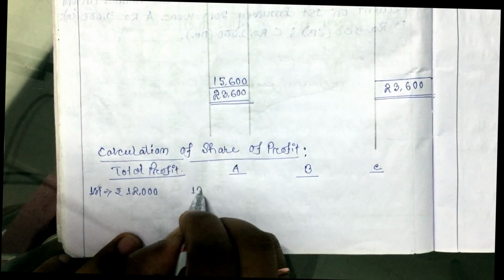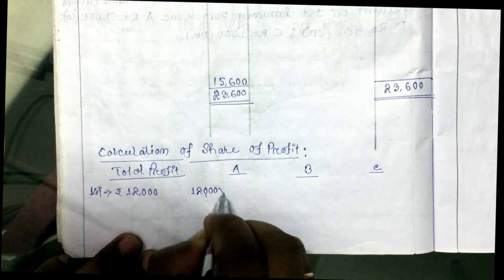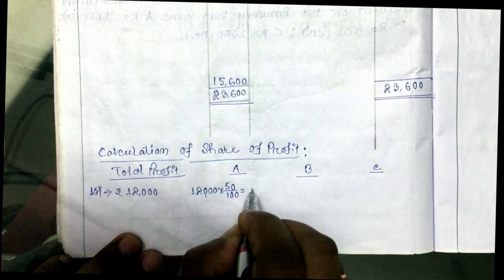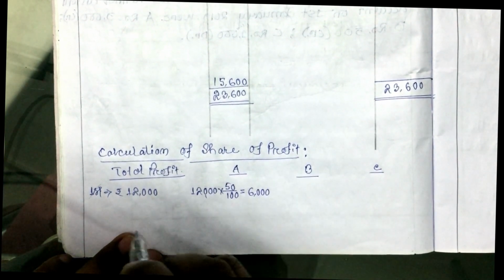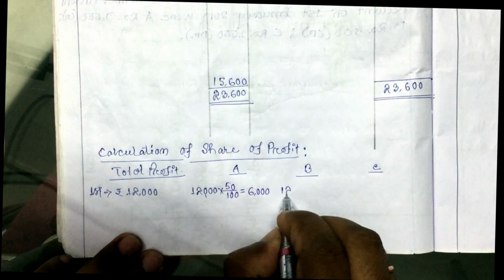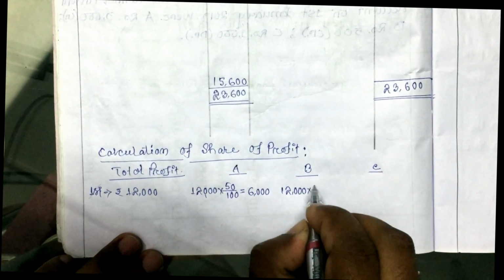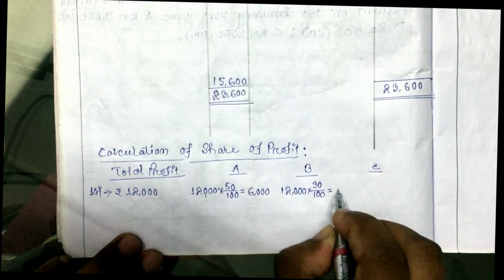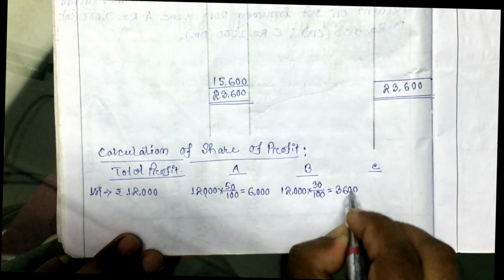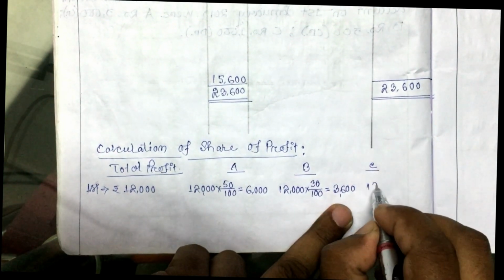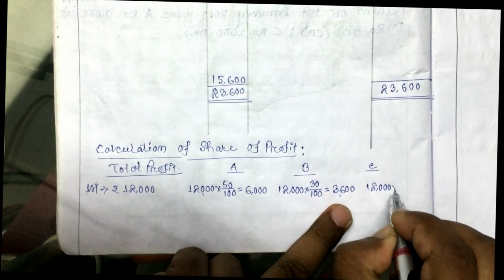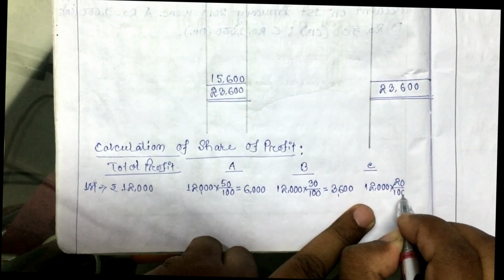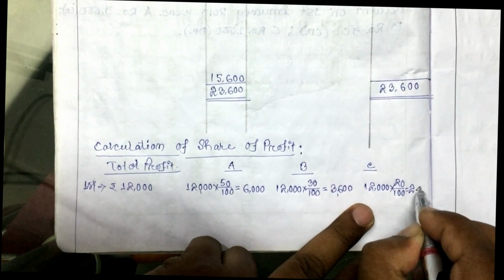A will share 50% of this amount, then it will be rupees how much? 6,000 rupees, right? B will get 30% of this 12,000 rupees, then it will be rupees 3,600 rupees. And similarly, C will get 20% of this amount, then it will be rupees 2,400.